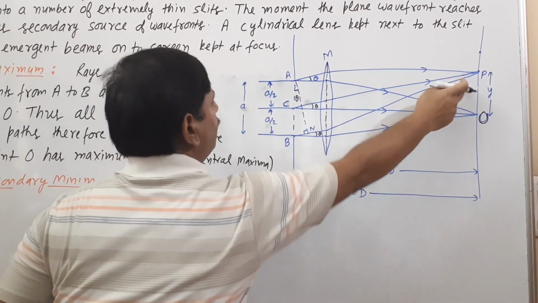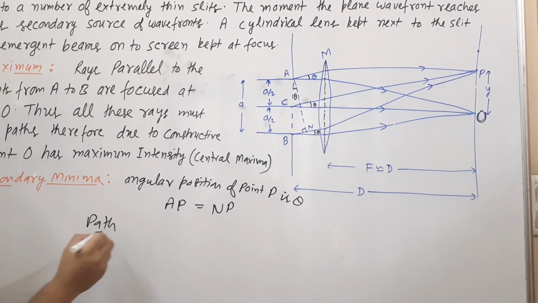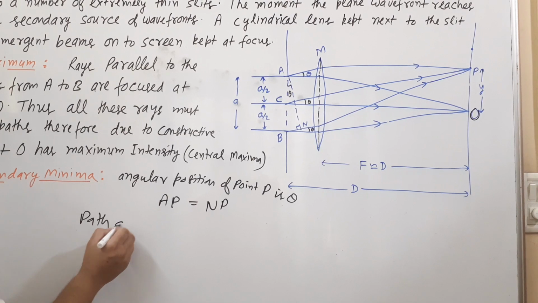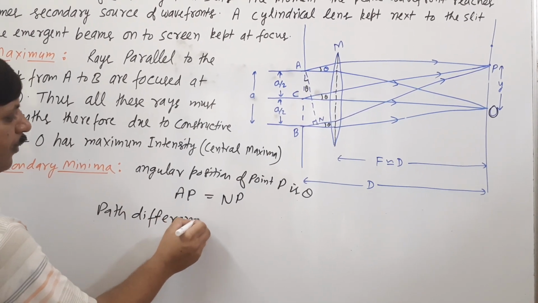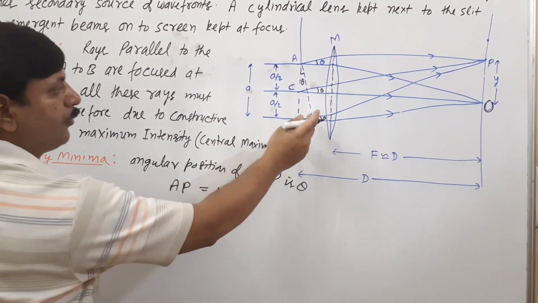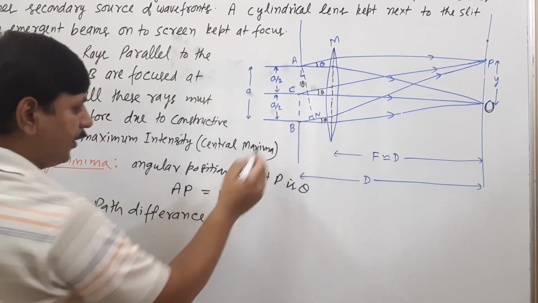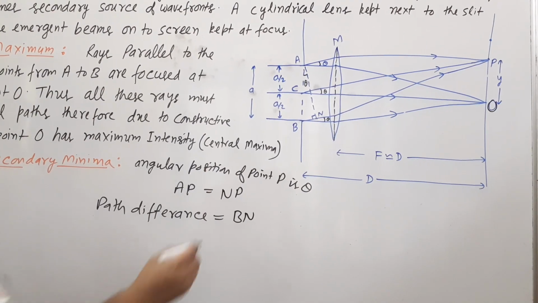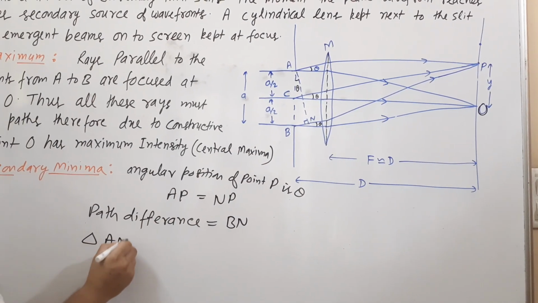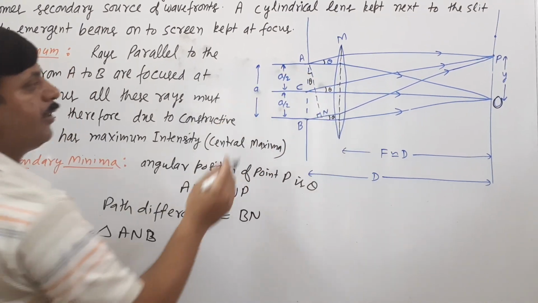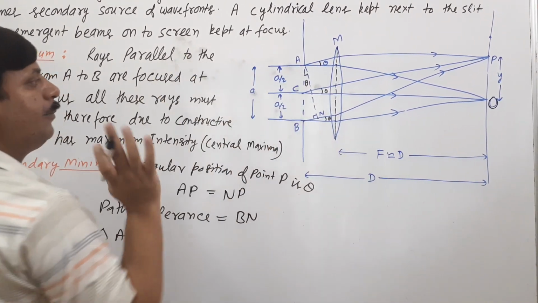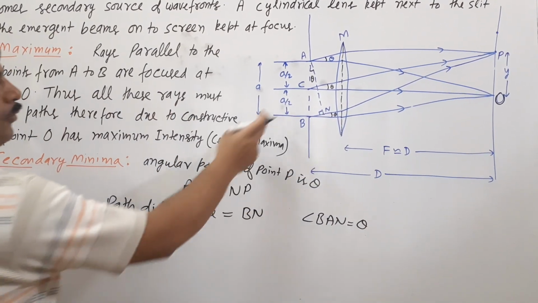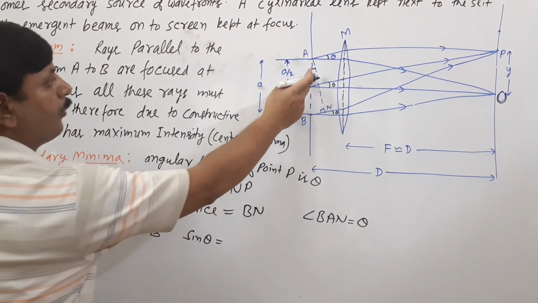So if you want to find the path difference between A to P and B to P, what will it be? The path difference between the rays from the end points of the slit, A and B. Since N to P and A to P are equal, the path difference for the end points will be BN. In triangle ABN, the angle BAN is equal to theta, because of the perpendicular.